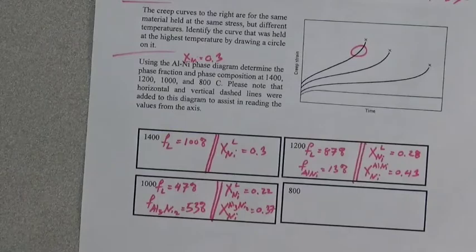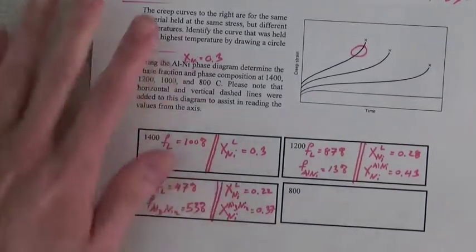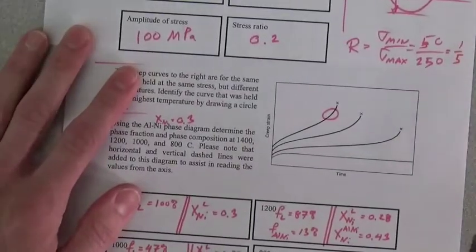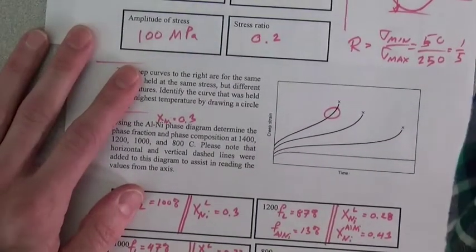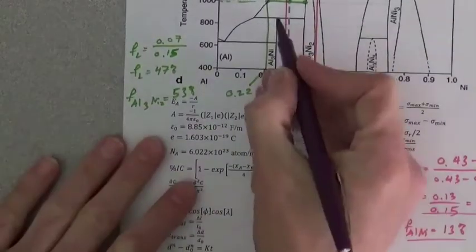Okay. Lastly, get another marker. Lastly, we can go and look at 800. So 800, we're here.